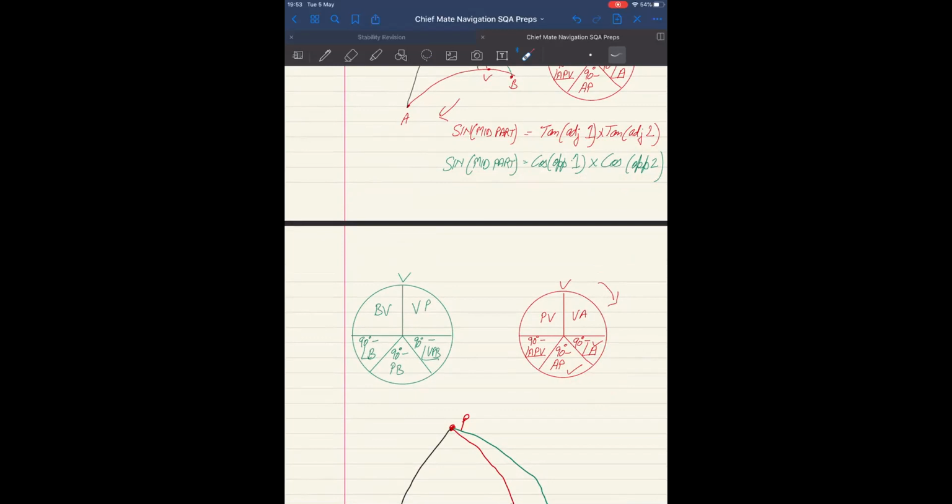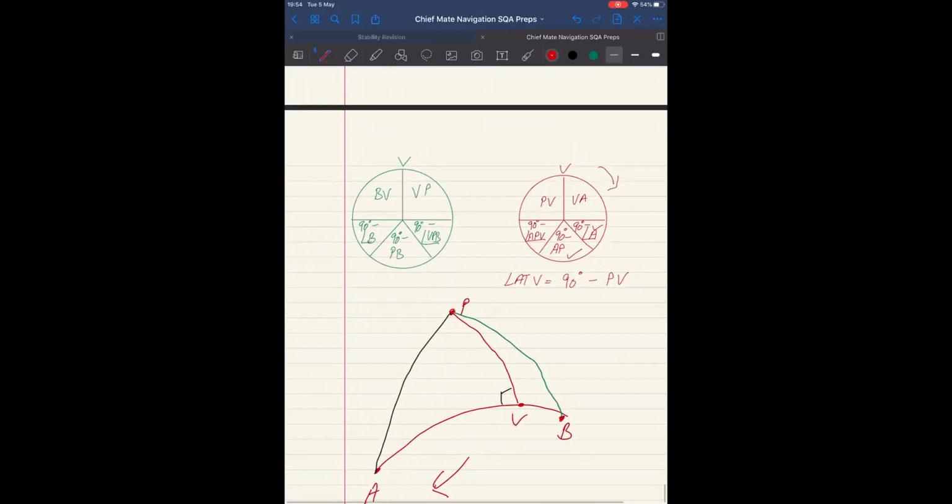So this is how we'll be getting the value of PV. Once we have the value of PV, we can simply say 90 degrees minus PV will give me the lat of V. So we have found out the latitude of vertex in this way.